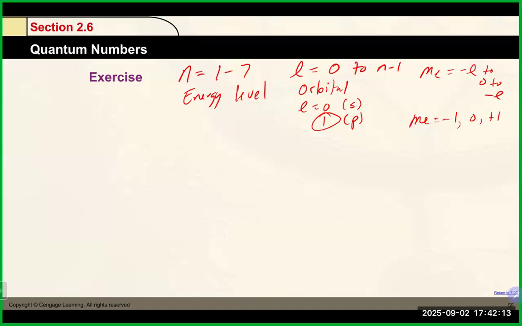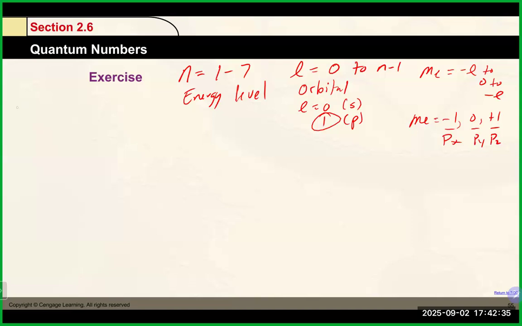Each of those represents an orbital in three-dimensional space, so it tells you how many orbitals you have for that type. Here there are three numbers, representing the three individual p orbitals in a p subshell: px, py, and pz.